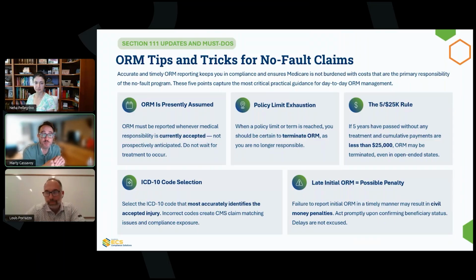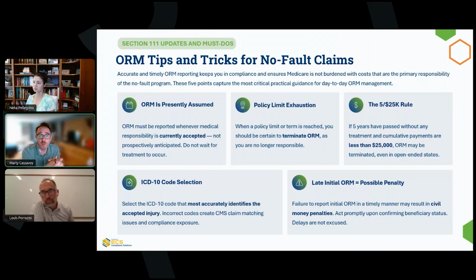You can also report ORM termination if you determine through investigation that the claim is actually not yours. So you start by paying for the person's medical treatment, and then, $5,000 into a $10,000 policy limit, you realize, wait a second, this is not ours. Well, you could report ORM termination in that circumstance.